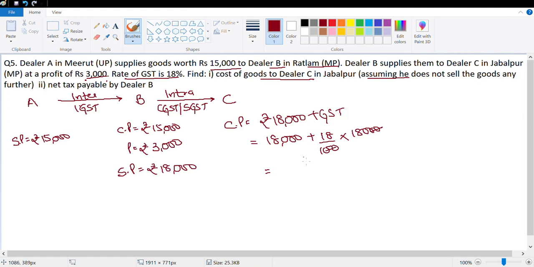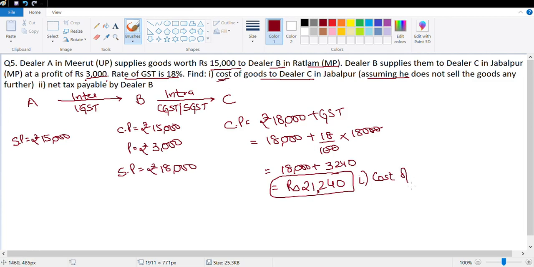So this is 18,000 plus 3,240, which is equal to rupees 21,240. So this is my answer 1, cost of goods for dealer C. This part of the question is done.